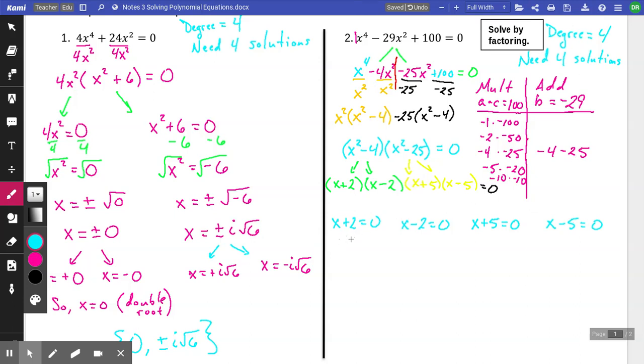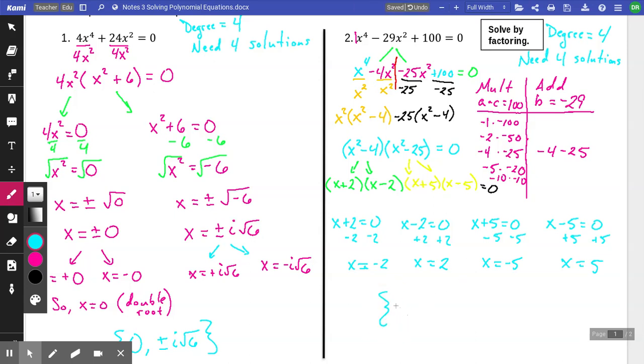So on these, fairly simple, just subtract 2 on this one, and we get x equals negative 2. Add 2 on this one, x equals positive 2. Subtract 5 here, x equals negative 5. And add 5 here. So x equals positive 5. There are the 4 solutions that we wanted.